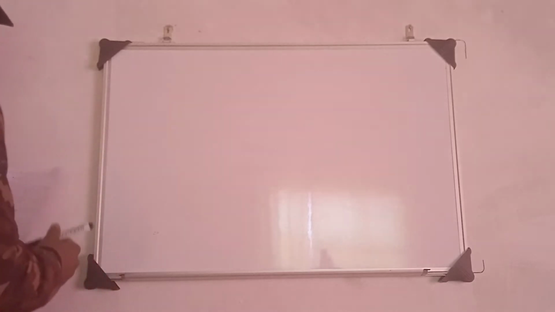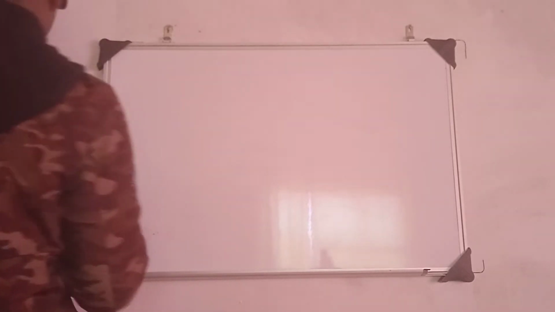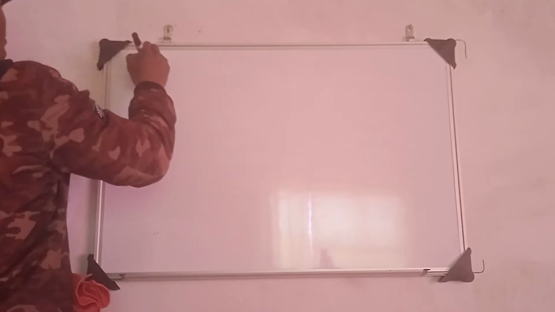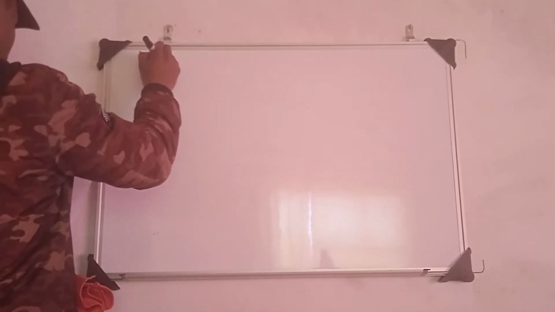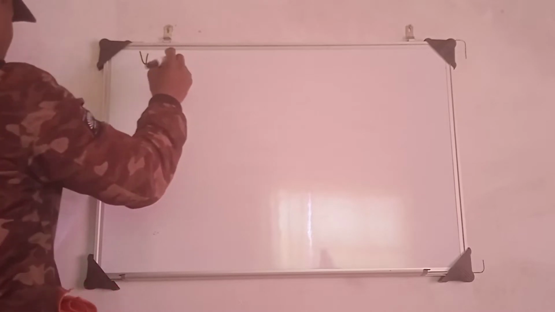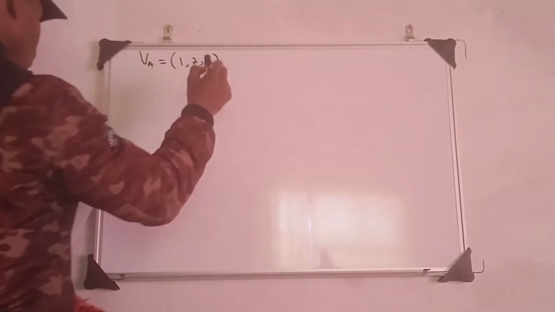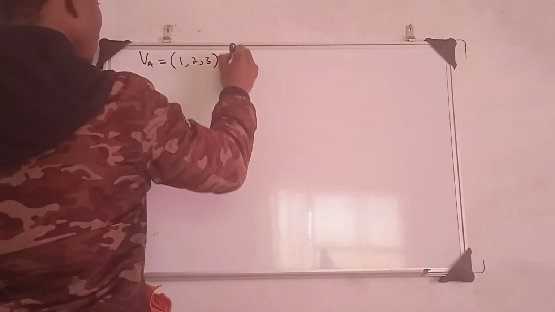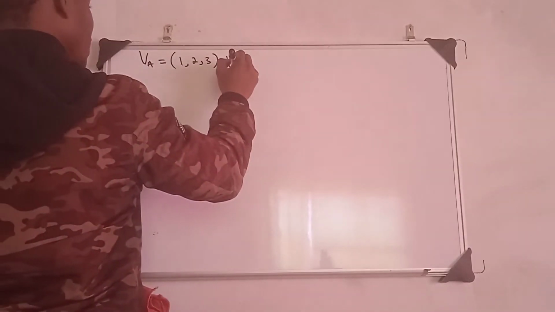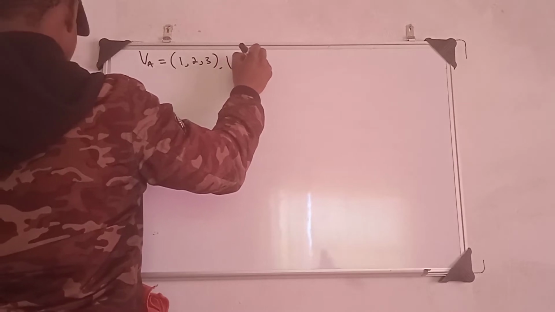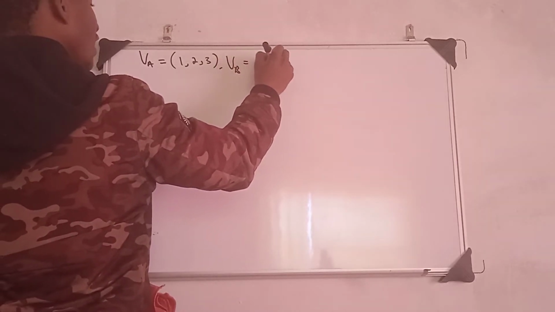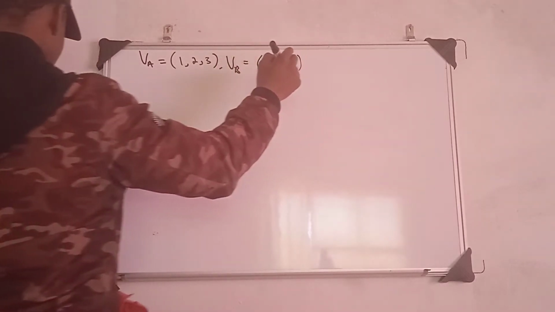Suppose that we are given three vectors. VA consists of the entries 1, 2, and 3. We are also given VB, which consists of 3, minus 2, and 1.